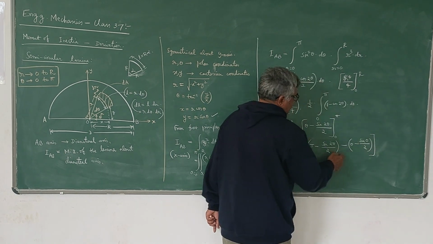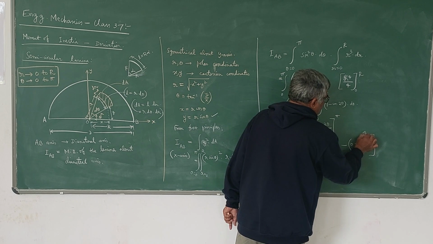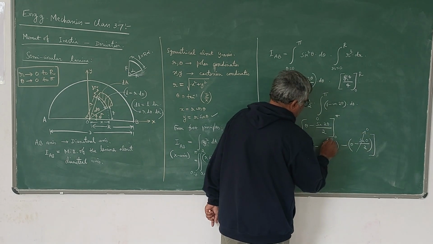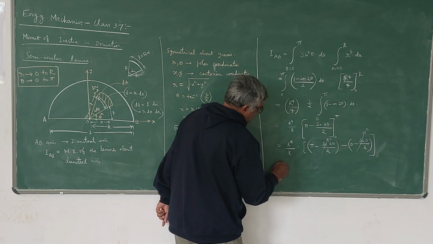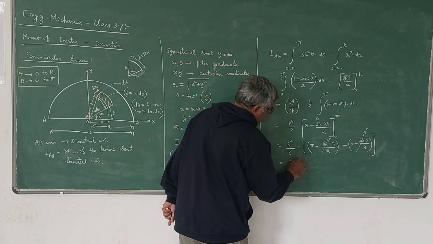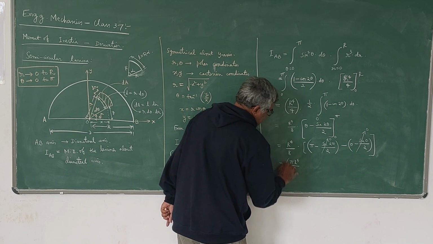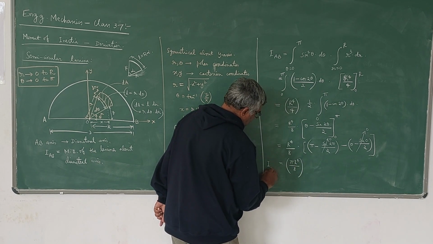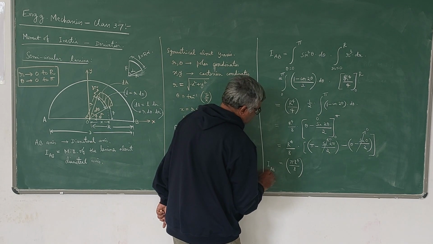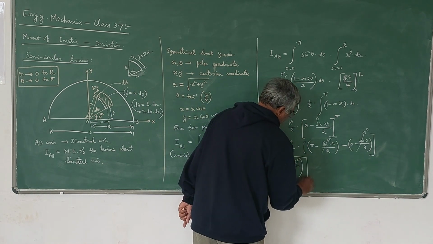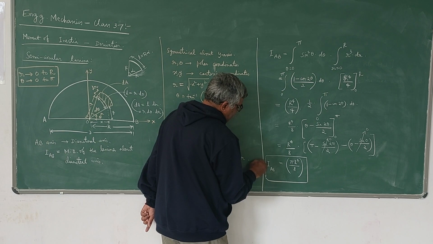Now this term becomes 0 and sin 2 pi is also 0, so only pi remains. So pi r power 4 by 8 is the expression for the moment of inertia of the semicircular lamina about the diametral axis.